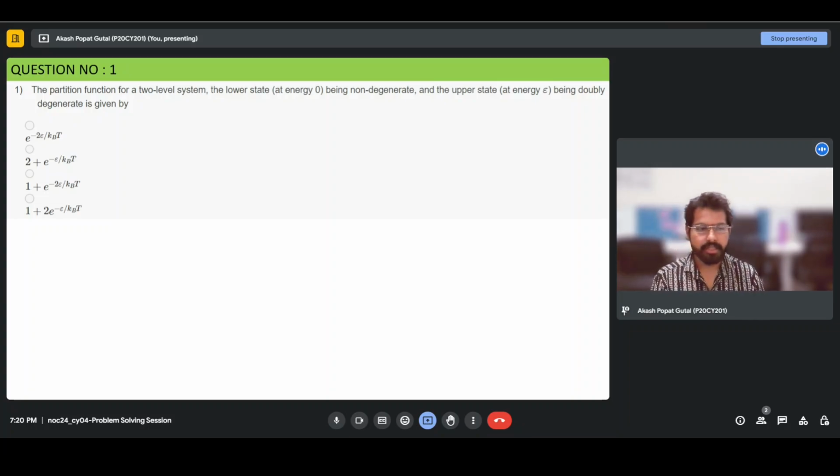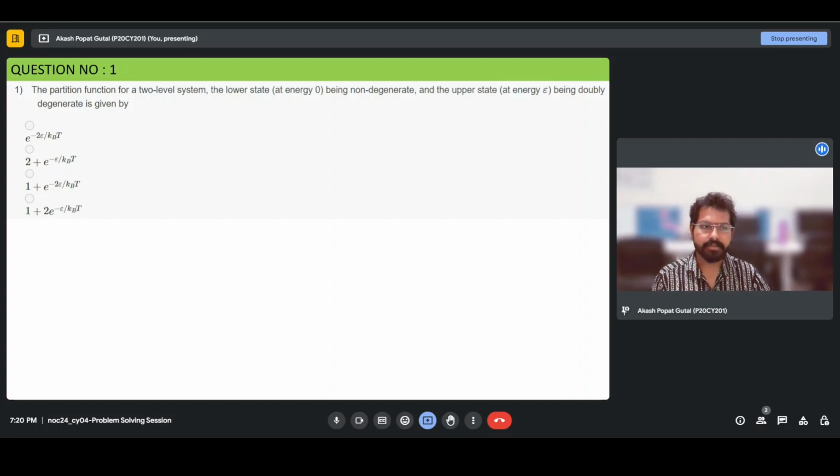Okay, simple question. Take 2-3 minutes of time. Solve it on your paper, and if possible, tell me the answer. Do the calculation. Take your own time. It's simple. You need to calculate the partition function. You must know the definition of the partition function, and using that, you can easily calculate.